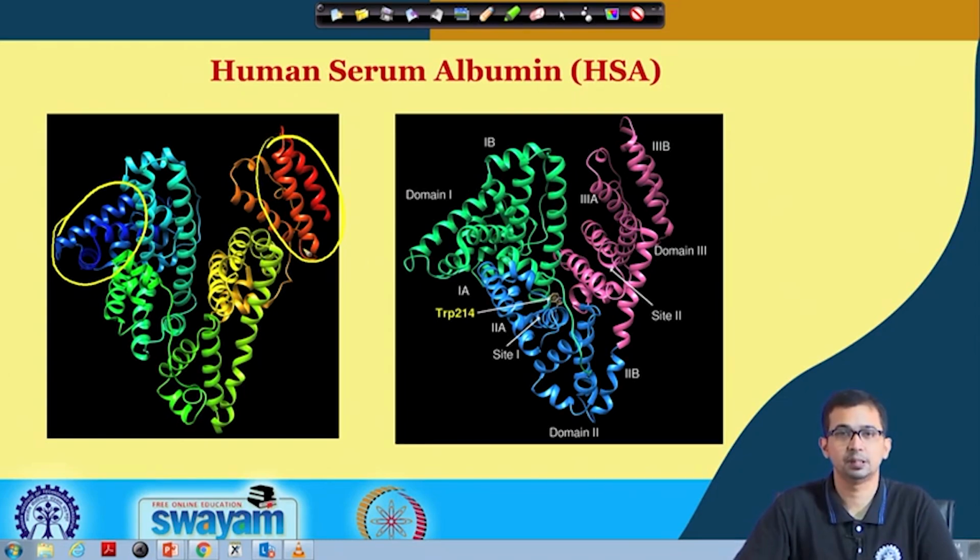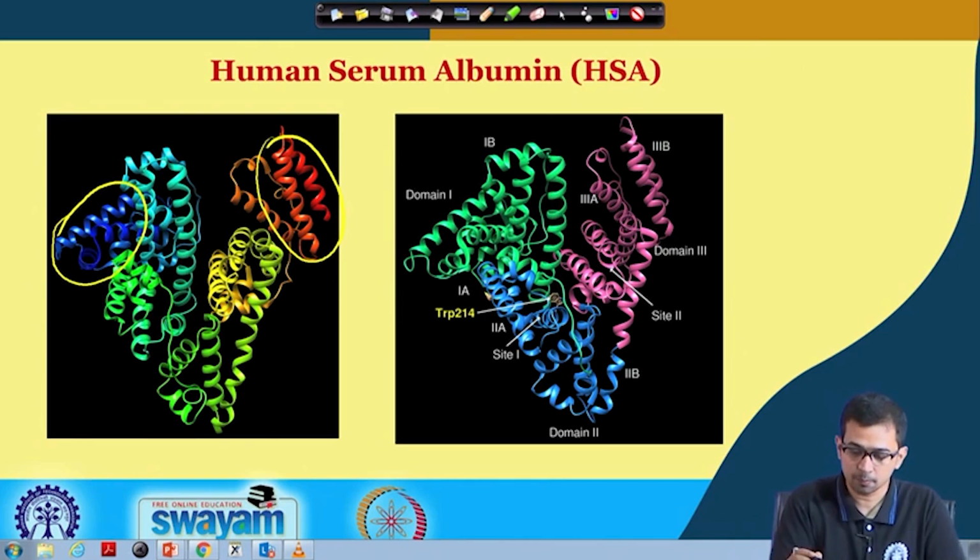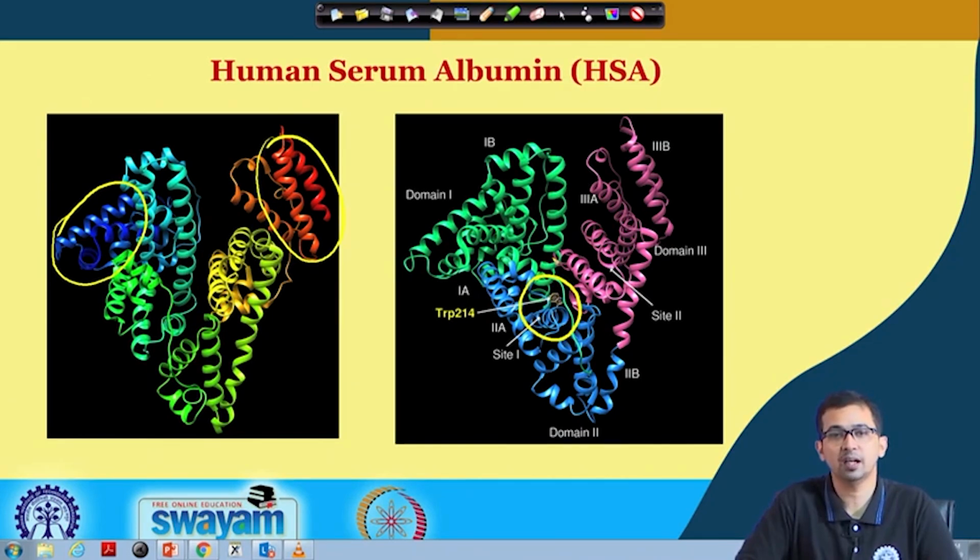Generally, this protein has a heart shaped structure with several domains, and here there is one tryptophan residue. An important thing about this protein is that it has only one tryptophan residue.